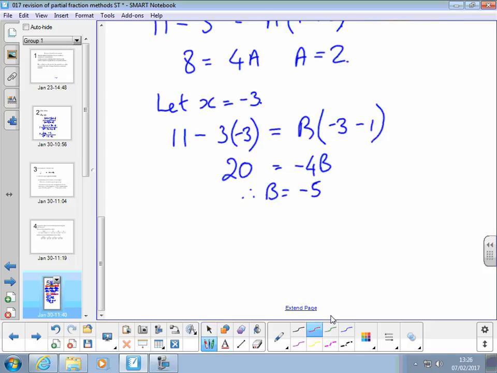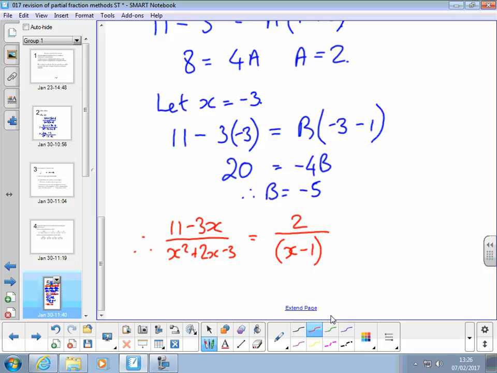Therefore, (11 minus 3x) over (x squared plus 2x minus 3) is equal to 2 over x minus 1 minus 5 over x plus 3.